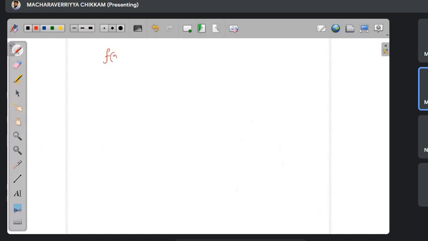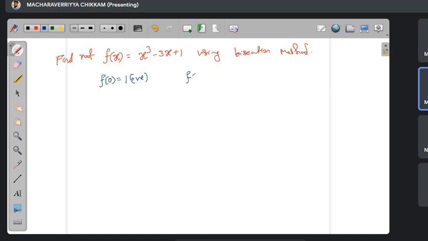Here I'm taking f of x equal to x cube minus 3x plus 1. Initially this procedure is the same: we search for an interval where the root lies. f of 0 is 1, which is positive. f of 1 is minus 1, which is negative.